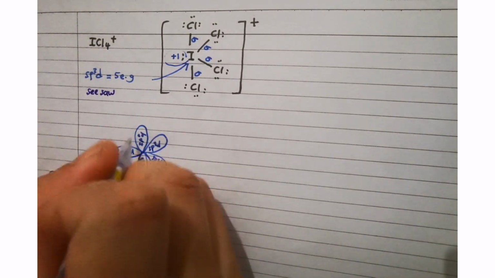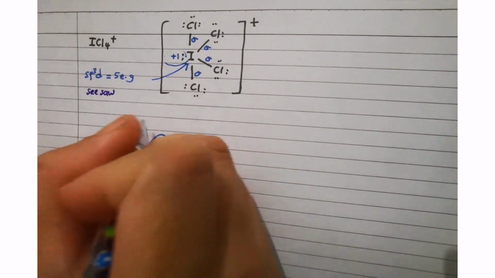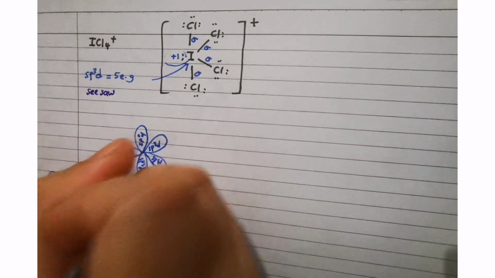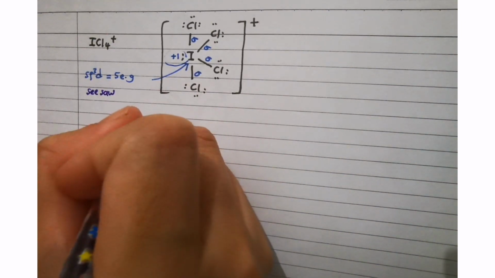The other 4 lobes will form the sigma bonds with Cl. So sp3d of I plus will overlap end to end with the 3p orbital of chlorine.